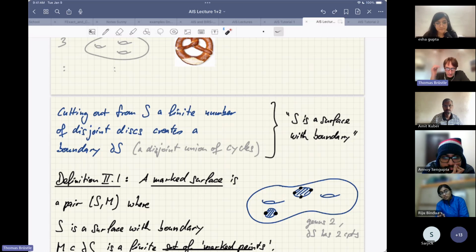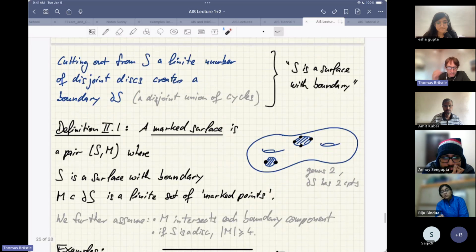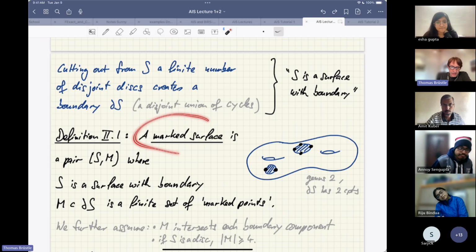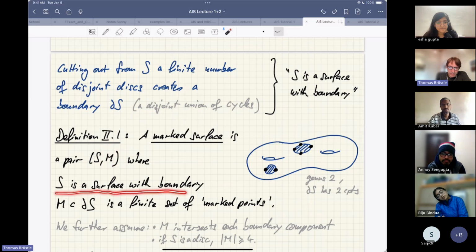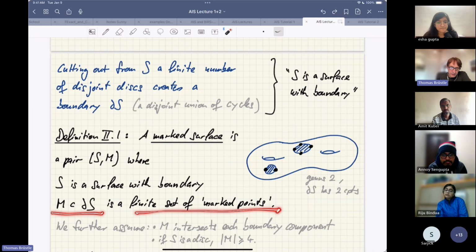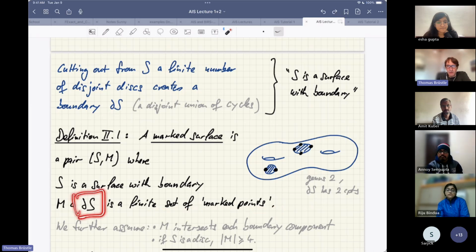Okay. And we finally come to the definition. What is a marked surface? This is the basic object that we will consider from now on. A marked surface is a pair of a surface S and a finite set M, where S is a surface with boundary, so a closed surface, but then I cut out some disks. And M is a finite set of so-called marked points, and I want them to be all sitting on the boundary.